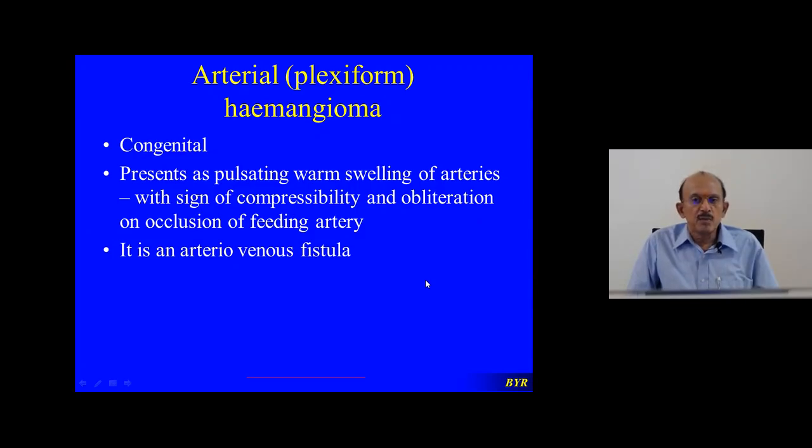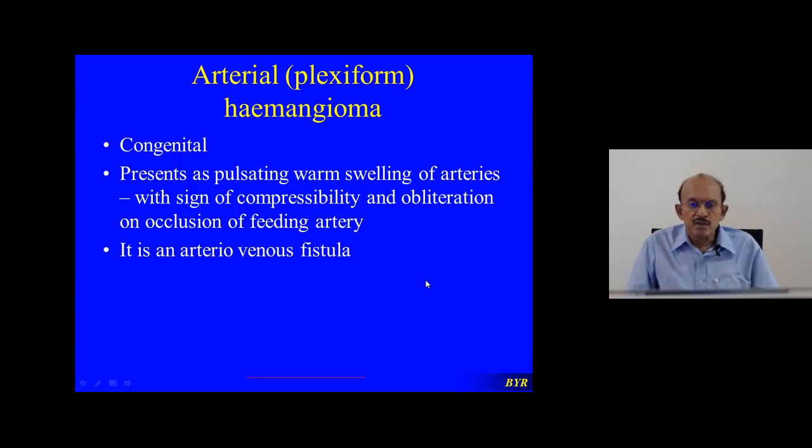So when the arteries communicate with the veins, what will happen to the vein wall? Tell me. What will happen to the vein wall? Very good. They get arterialized. So they feel thickened and they will be pulsating. That is why they are very easy to be mistaken for arteries.